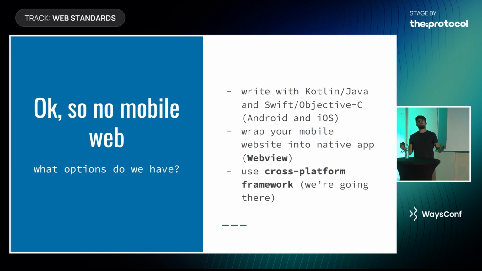Okay, so we don't want to create just responsive web design. What options do we have? Well, you can wrap your website into a web view, make a lightweight copy of a browser application, and your application will be just displaying your website. So, okay, that's possible. And you can have an icon, you can have App Store presence, but it still will be a website wrapped into a mobile application.